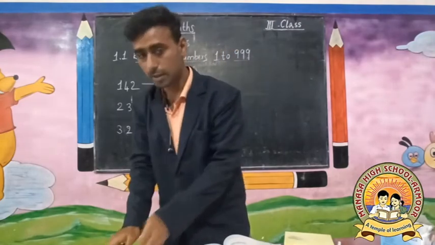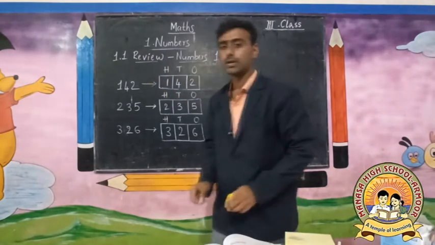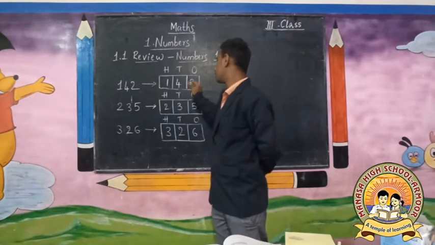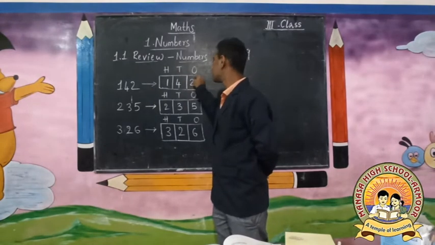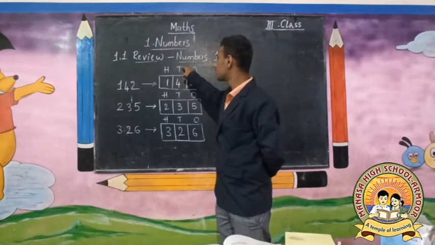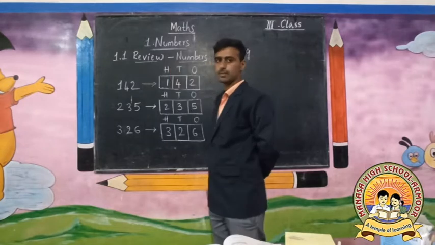Now I think you have understood. So children, now look at here: 142. So 2 is in ones place, 4 is in tens place, 1 in hundred place.